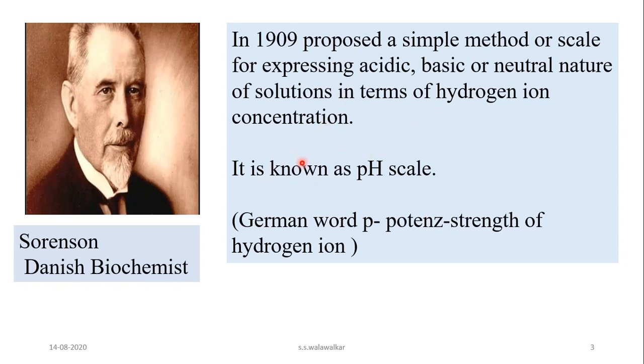And this way of expressing the acidic or basic nature of a solution is known as the pH scale. Here P means potence, meaning strength, and H means hydrogen ion. So pH means the strength of hydrogen ion.